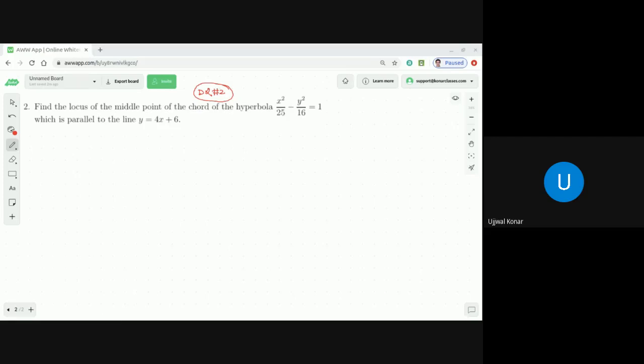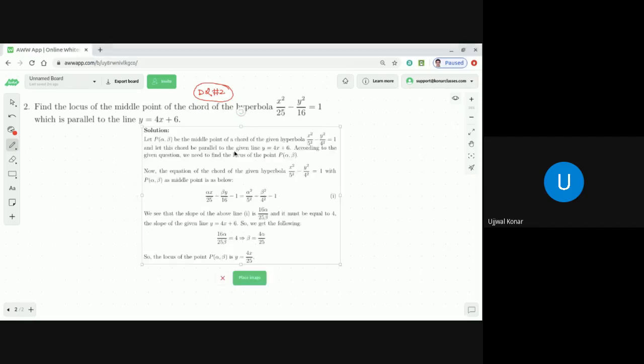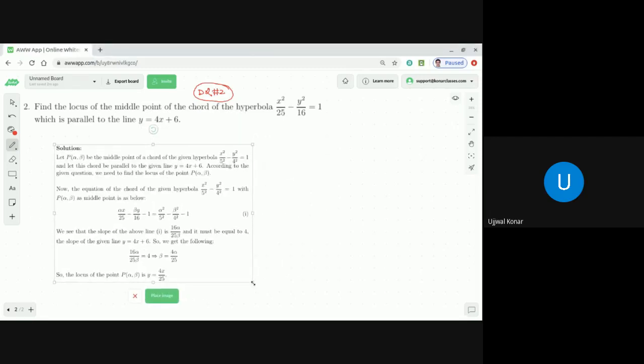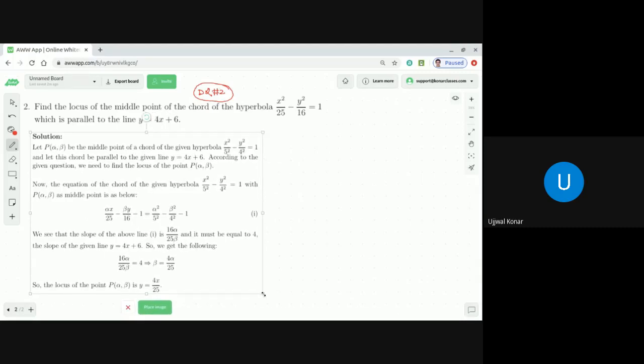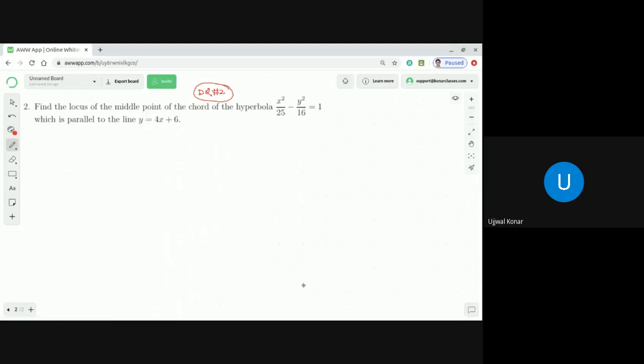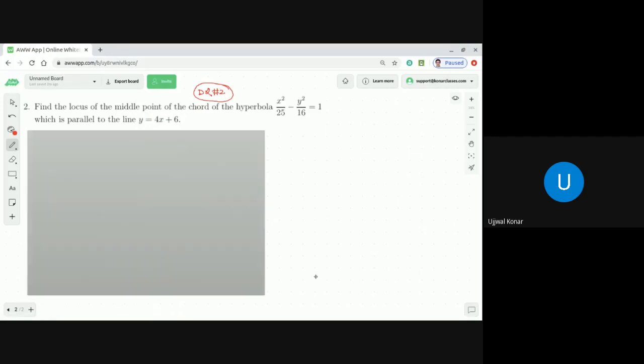The first statement is the middle point form of the chord, and that straight line is parallel to the given straight line y equal to 4x plus 6. That gives us an idea to work with the slope. So let's work on it.